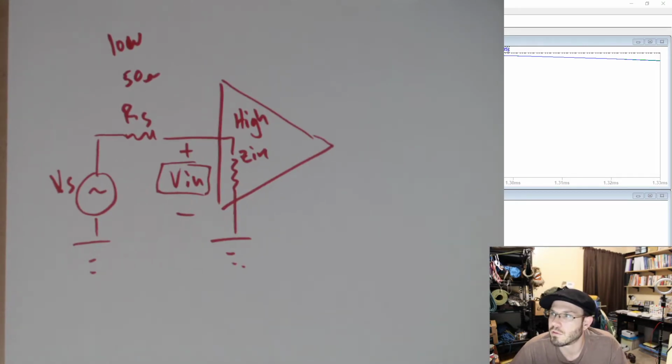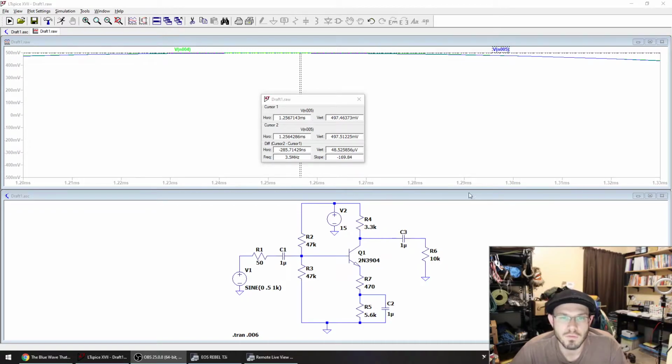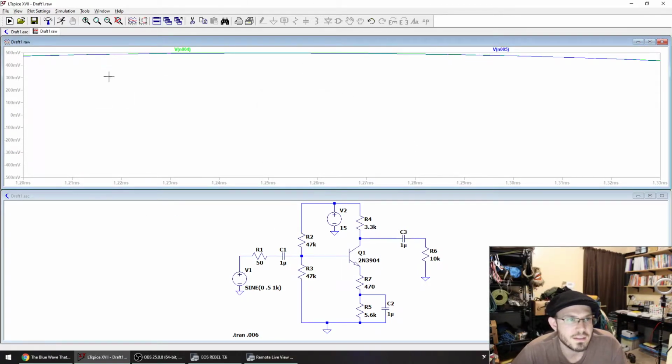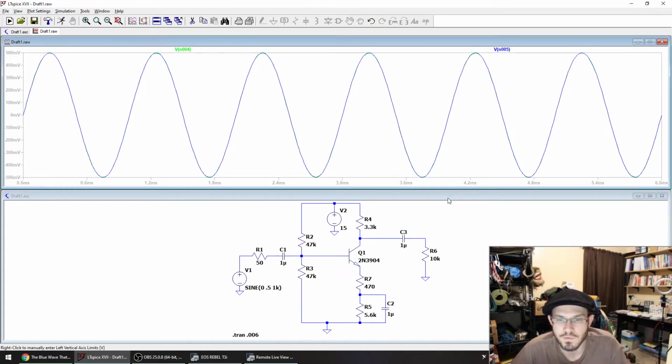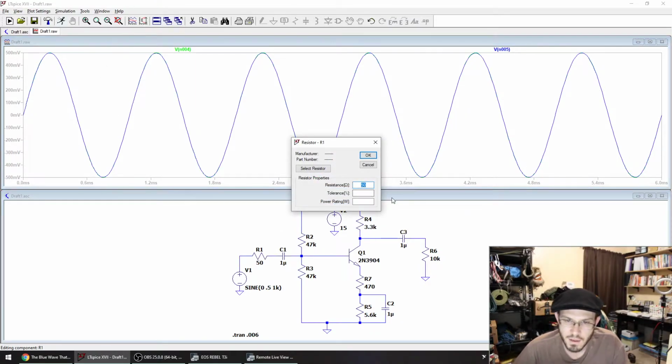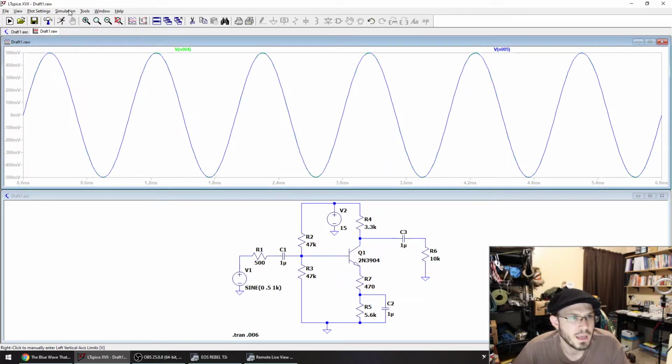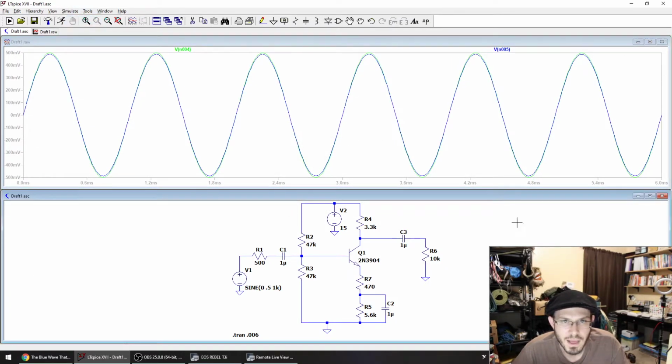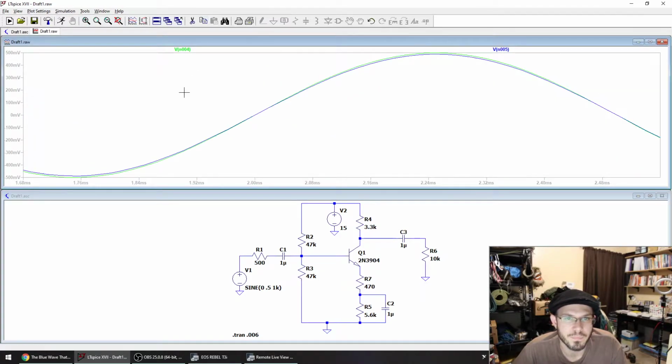So I'm going to jump back over to over here. Let's close this and zoom out to its full extent. And let me change 50 ohms. Let's make this 500 ohms. Okay. Now if I simulate, notice that gap just got a bit larger.